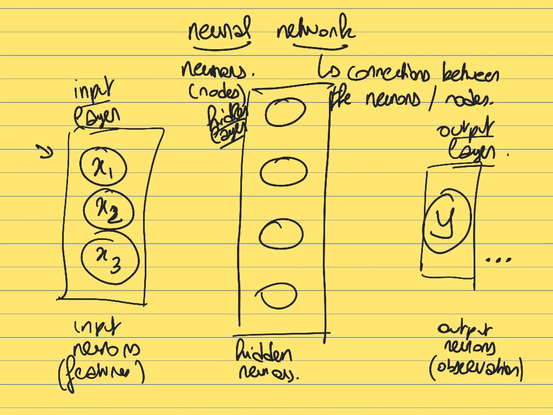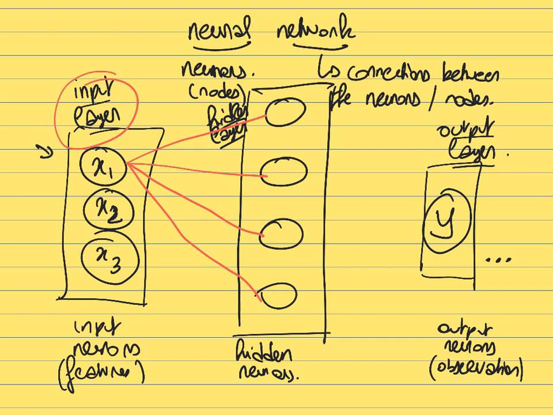And so the way an artificial neural network works is that you have this input layer, and each of those features here will be a given neuron, and those neurons are going to be connected. Each neuron is going to be connected to each of the neurons of the hidden layer.